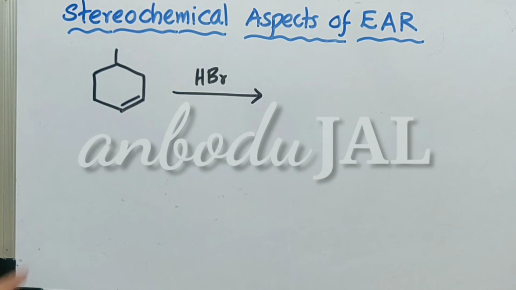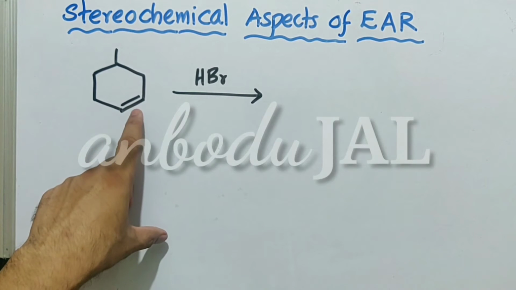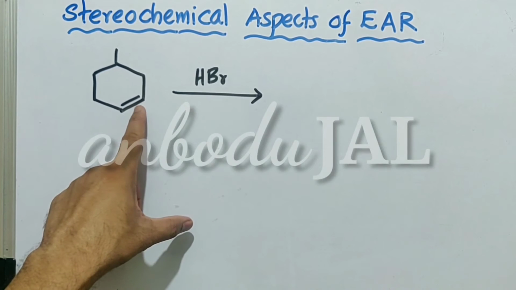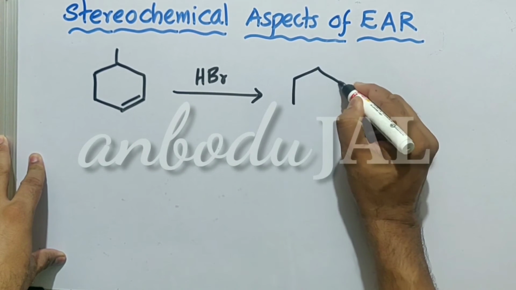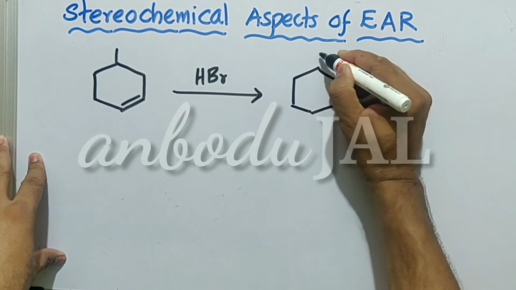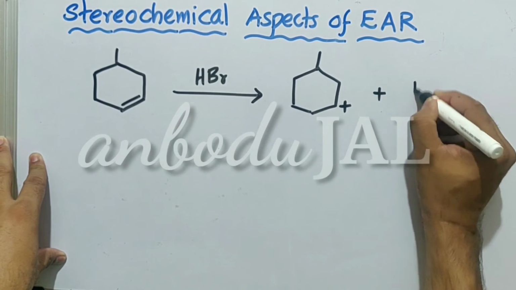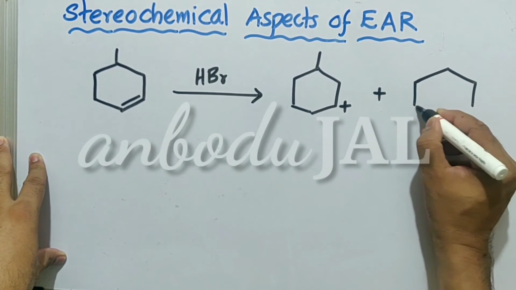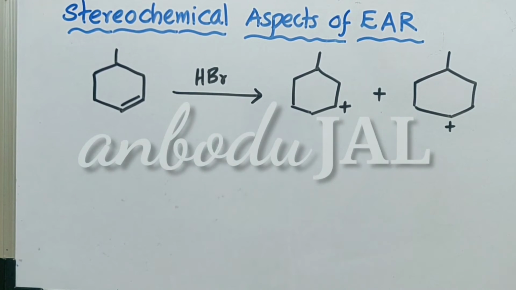Firstly, we have to consider two types of carbocation formed from this one, by shifting towards this position and by shifting towards this position. So the first carbocation is this, plus this will be the other carbocation. That is, positive charge will come here. Okay, which is the most stable one?